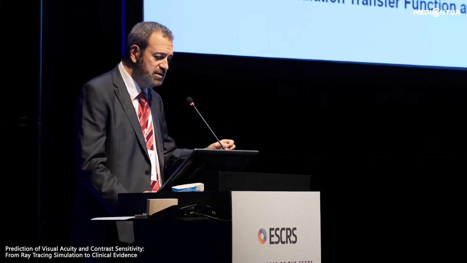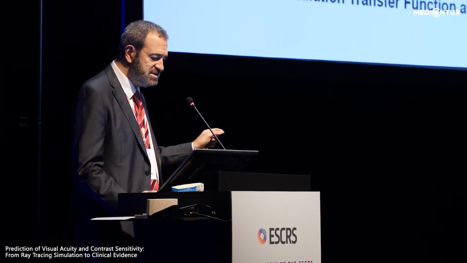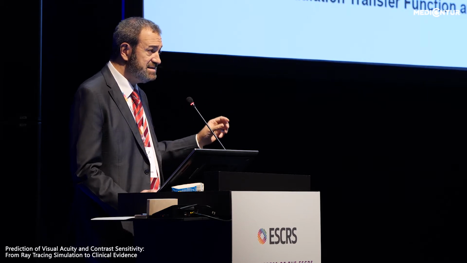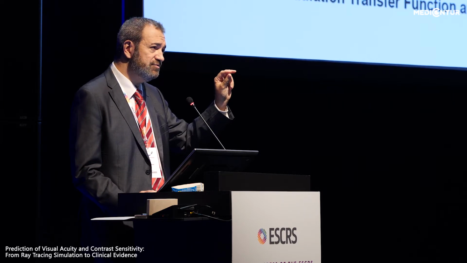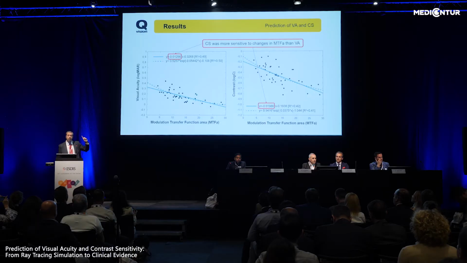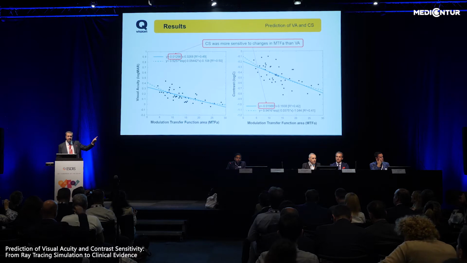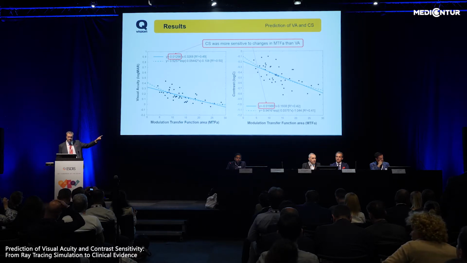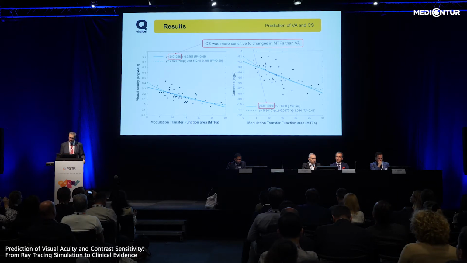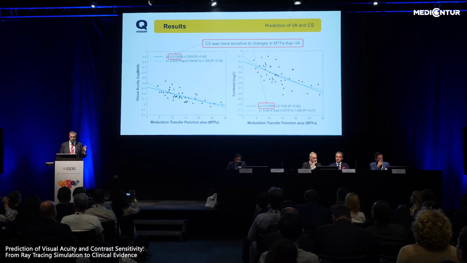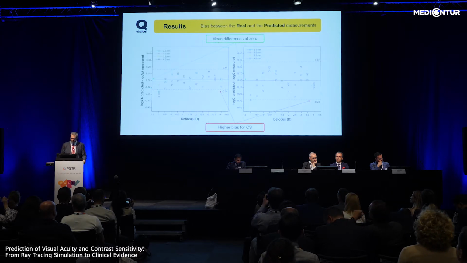And we discovered that the correlation with the MTF and visual acuity is less dispersed, is more consistent, but it gives us less information. It's very interesting to know more and more information. The contrast sensitivity is more discriminative, as you can see on the right-hand side, but we need more samples. We are creating more samples for our study, because it's going to be more knowledge, more deep knowledge, as you can see here.